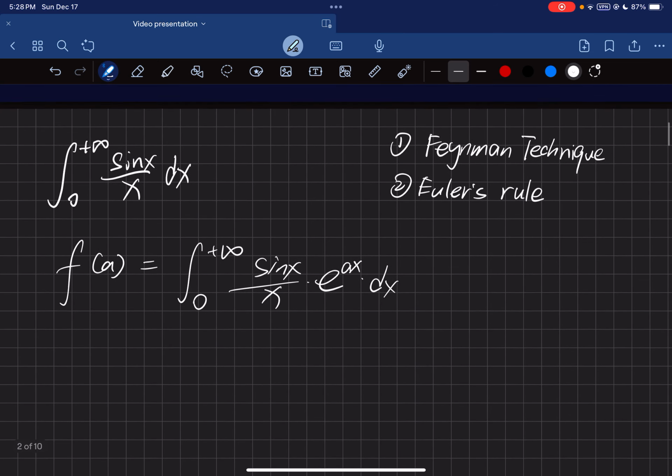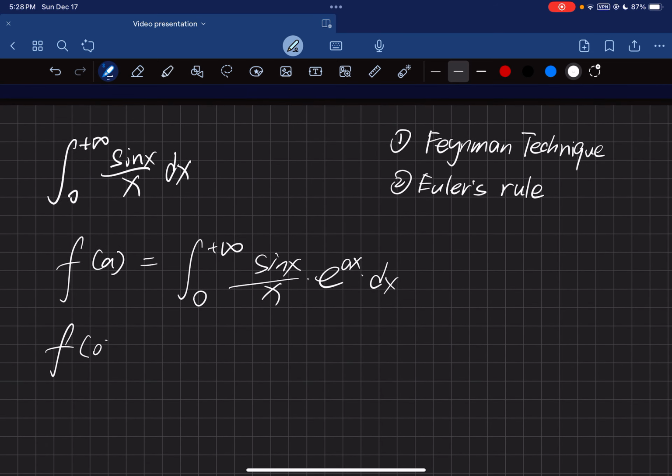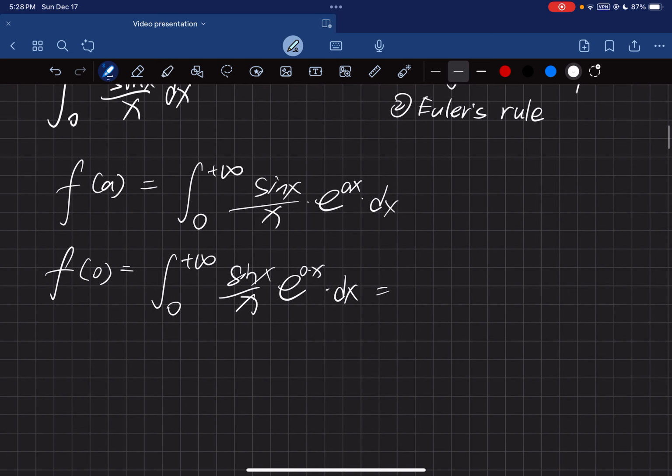So in this case, when a equals 0, the function is the integral from 0 to positive infinity of sine x over x times e to the power of 0 times x dx, and the function will be the original function that you want to find.